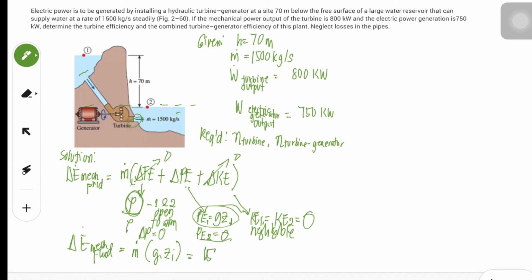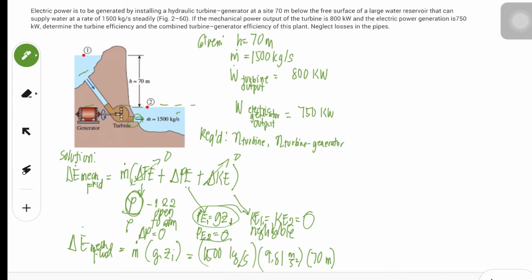So the mass flow rate is 1,500 kg per second times the gravity 9.81 meter per second squared times the elevation 70 meter. Convert it into kilojoule or kilowatt.